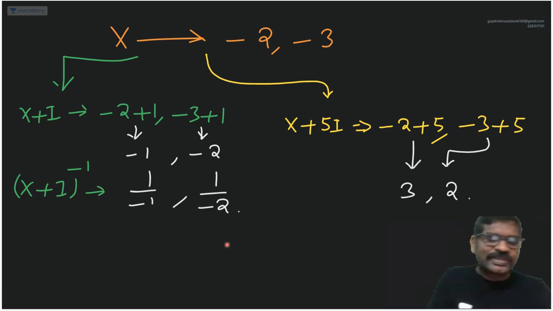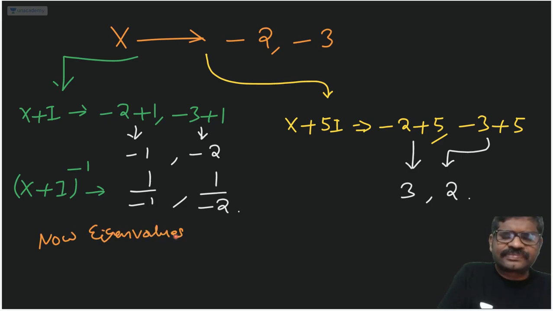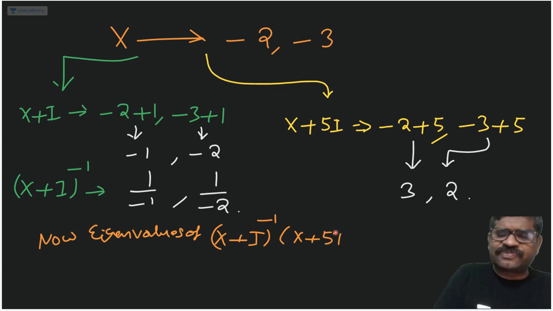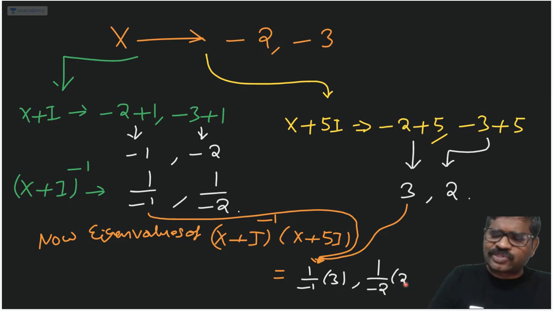Now, eigenvalues of (X plus I) inverse multiplied with (X plus 5I): you have to multiply corresponding eigenvalues. 1 by -1 multiplied with 3, 1 by -2 multiplied with 2.